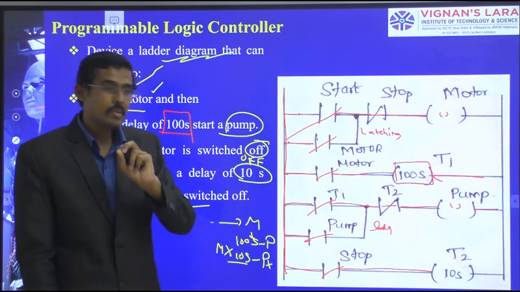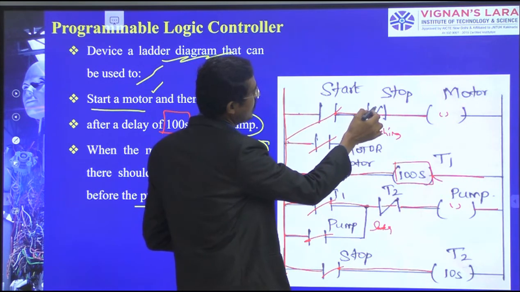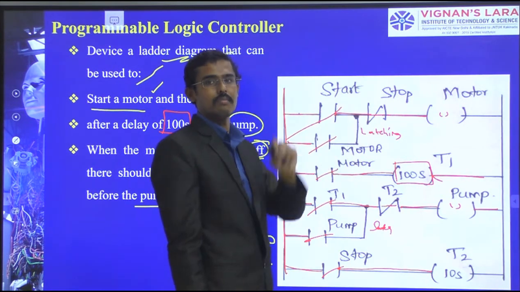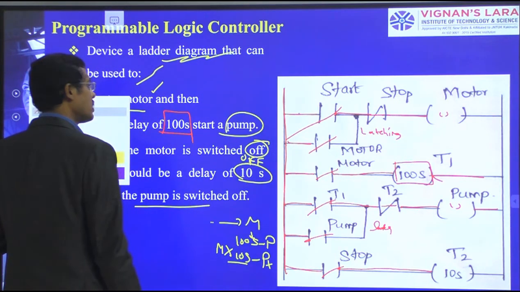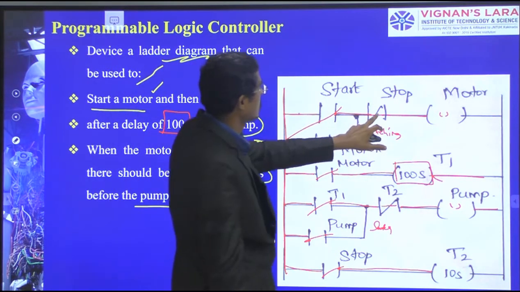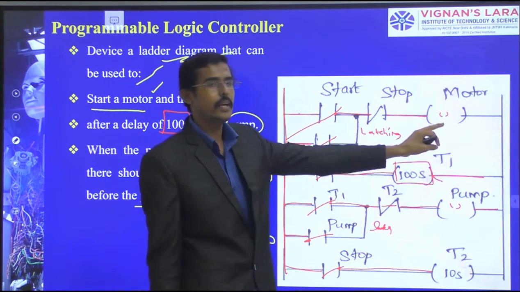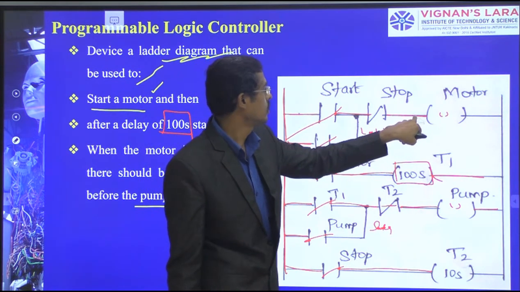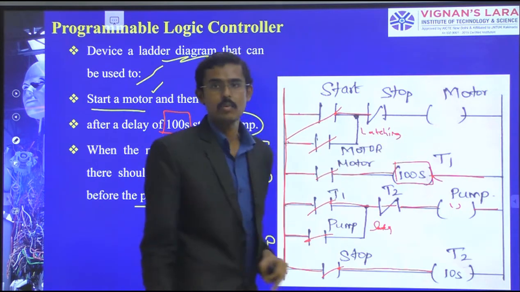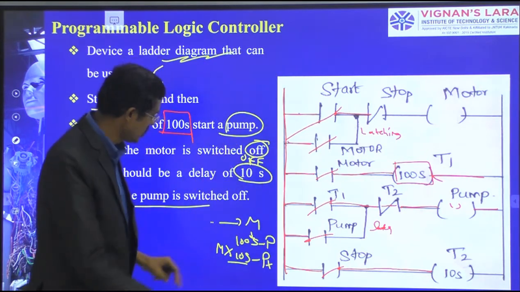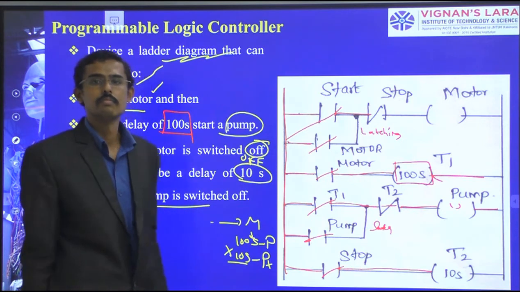Simultaneously, we have created the brake contact here already. Therefore, what happens? This brake contact is going to disconnect the supply to the motor. Therefore, it is not going to operate. The motor is stopped now.